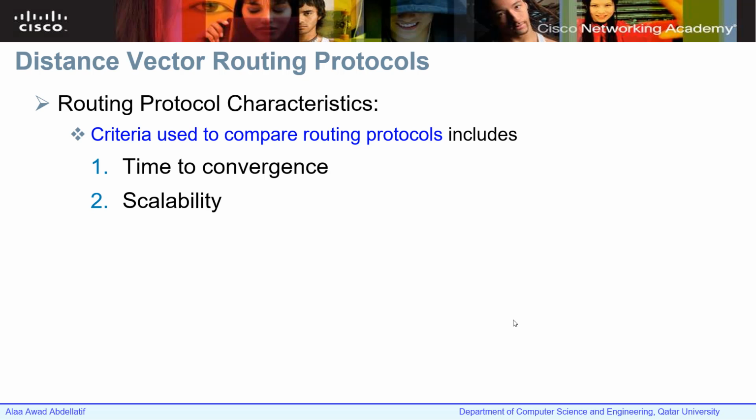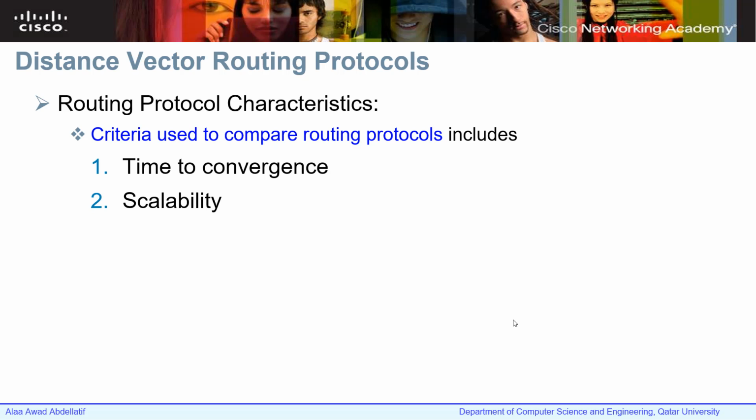Now we have discussed these characteristics and requirements for distance vector routing protocols. So what is the main criteria I can use to assess whether a routing protocol is good or bad? Because here we have some conditions or requirements for distance vector. Is this requirement good or bad? Is this protocol good or bad?